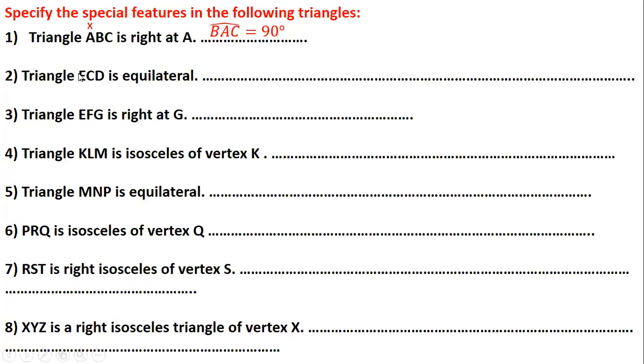The second side is ED. The third side is CD. So in this way, we name sides EC, ED, and CD. Yes, these 3 sides are equal. So we write EC is equal to ED is equal to CD.